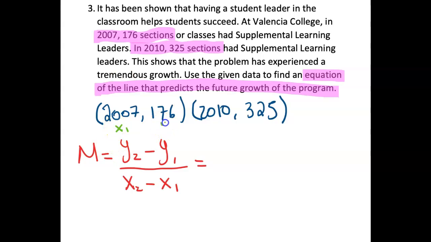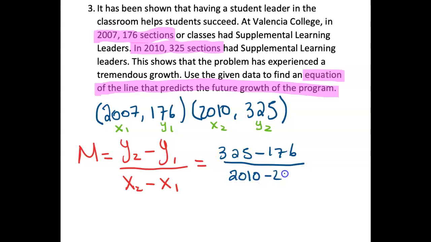So x1, y1, x2, y2. Let's go ahead and substitute those values. So I have 325 minus 176 divided by 210 minus 207. So 325 minus 176, 149, over 3.